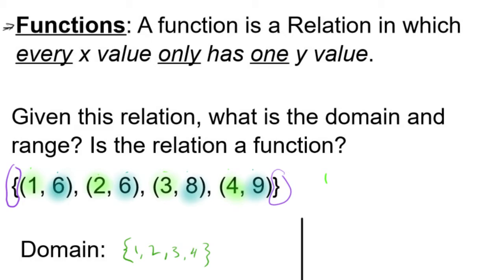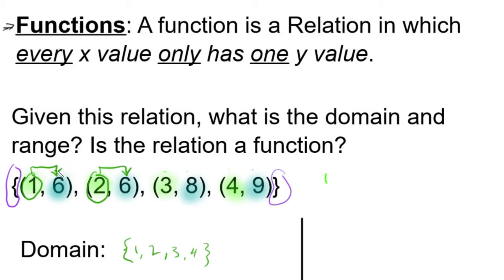So this means that if you were to look at 1, the x value, it can only have this one y value, 6. Now 2 could only have one y value, in this case 6. That's okay. They both have 6, but y values can be used multiple times, while x values cannot go to multiple y values.